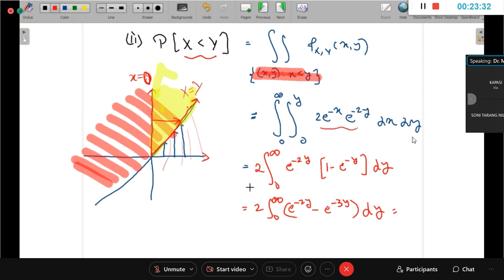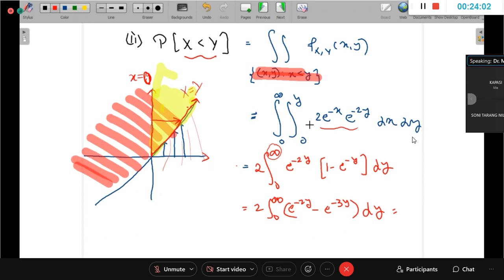Now you can verify this integral. This is an improper integral because one of the limits is infinity. Again, you have to handle it in a similar fashion. I will give you the final answer; you can verify by evaluating the integral. Do you have any issue with the limits now?